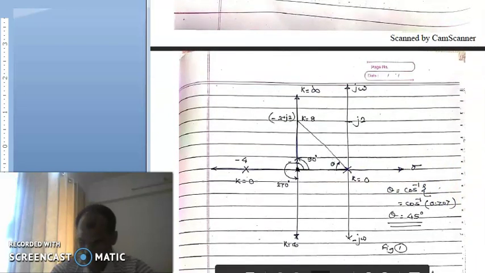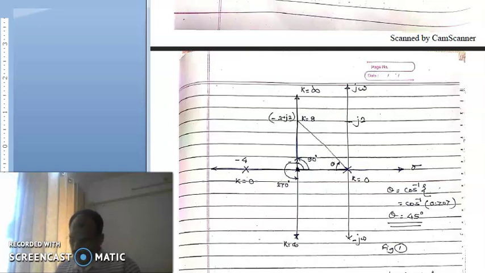Another case is given here. We have to find out the value of k at one damping factor. So the damping factor is given as 0.707.